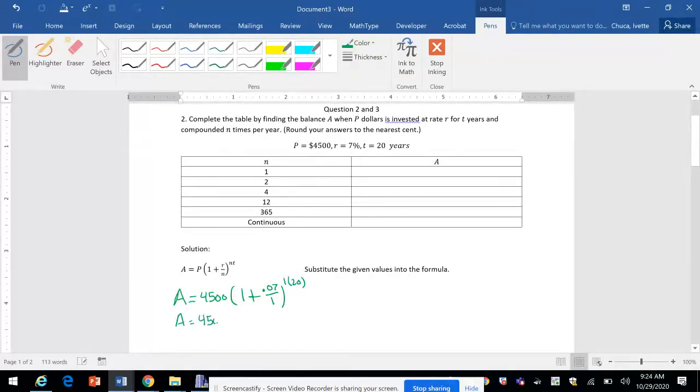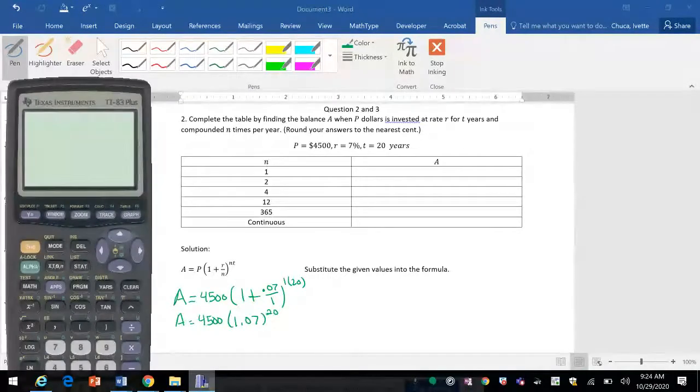So we want to simplify this. 0.07 divided by 1 is 0.07, plus 1 would be 1.07. 1 times 20 is raised to the 20th power. So you want to use your calculator.